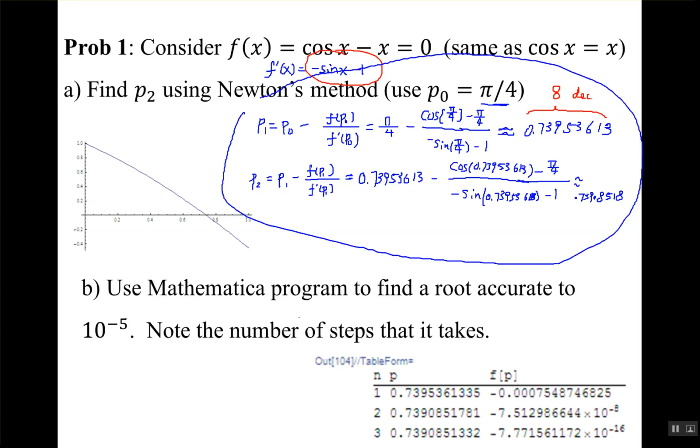Okay, let's use a Mathematica program to find the roots accurate to 10 to the negative 5. So this is the accuracy needed. I did program this algorithm in Mathematica myself, and I use this accuracy tolerance 10 to the negative 5, and this is my output. This is my P1, P2, P3, and only 3 steps are needed to achieve this accuracy.